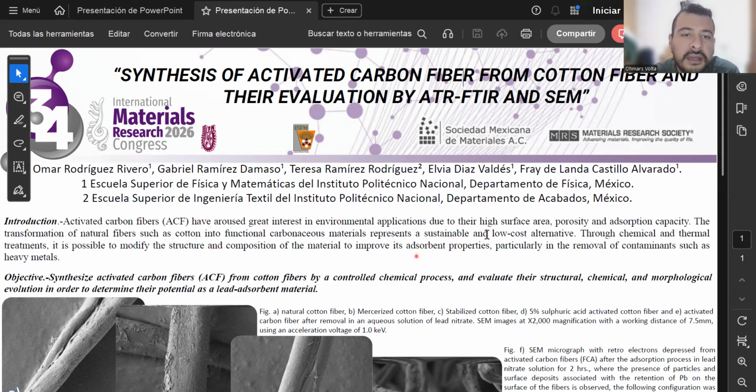Today, I'm pleased to present our work entitled Synthesis of Activated Carbon Fiber from Cotton Fiber under Evaluation by ATR-IR Spectra and Scanning Electron Microscopy.